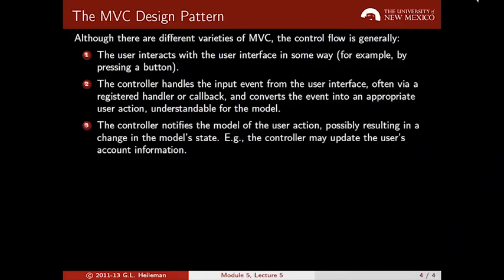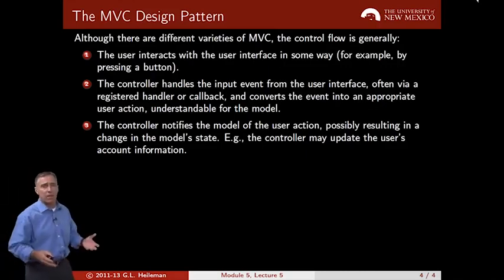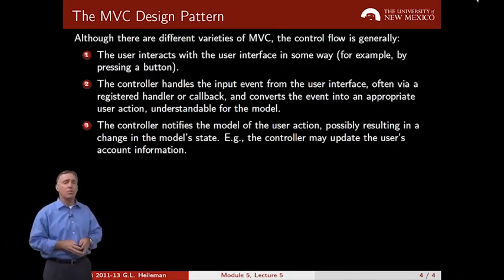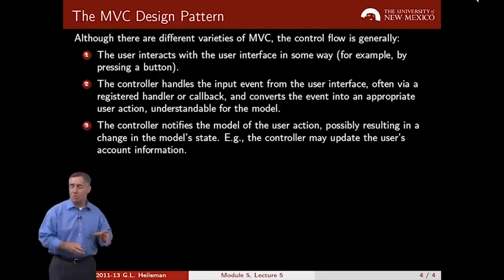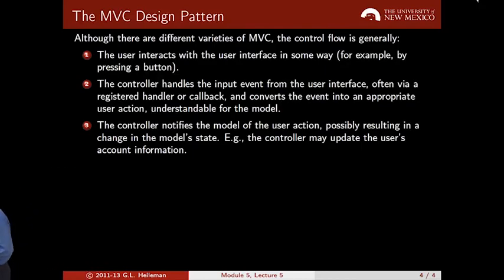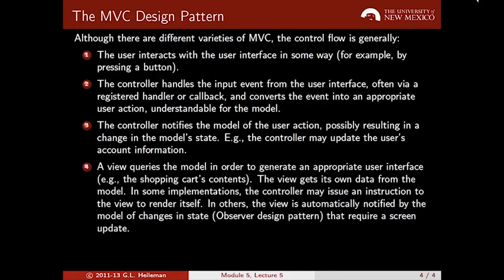The controller notifies the model that this action took place, and sometimes this could change the state of the model itself. For example, the user could update their password, update their phone number, hit submit. The controller then tells the model that you need to change that information in that particular user's information in the database.